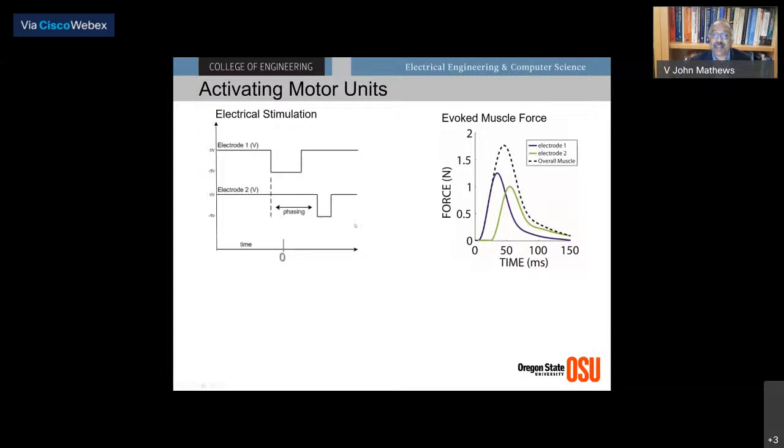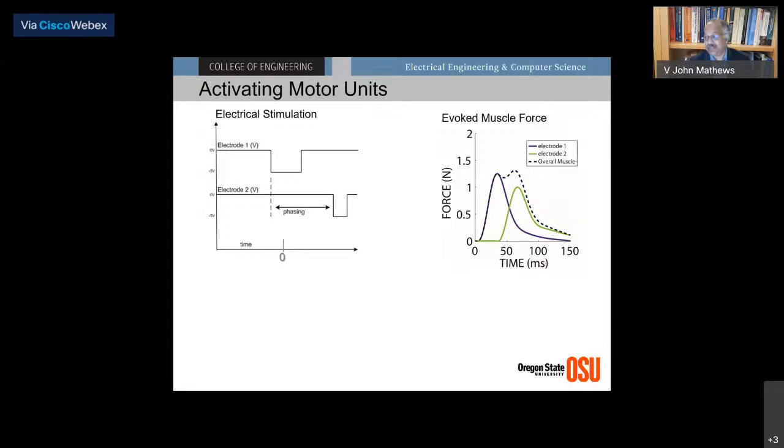Now, if you apply another pulse in addition to that, you will get a different twitch in response to that, at a location at a time that corresponds to when the second pulse was initiated. If you apply that pulse a little later instead of where I applied earlier, the twitch will happen a little later. That means the overall shape of the force profile is going to be different.